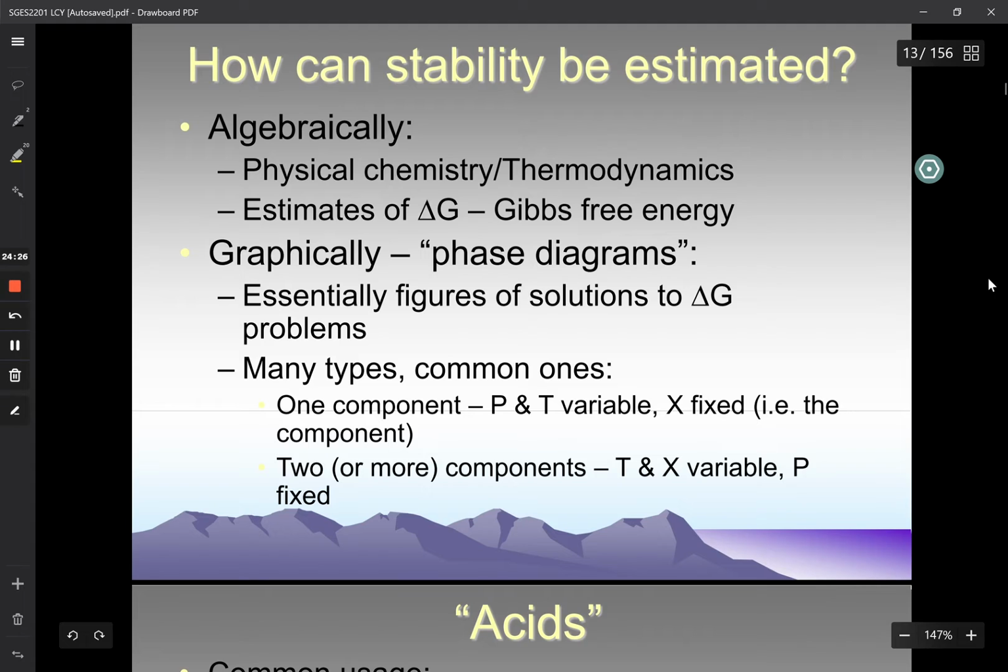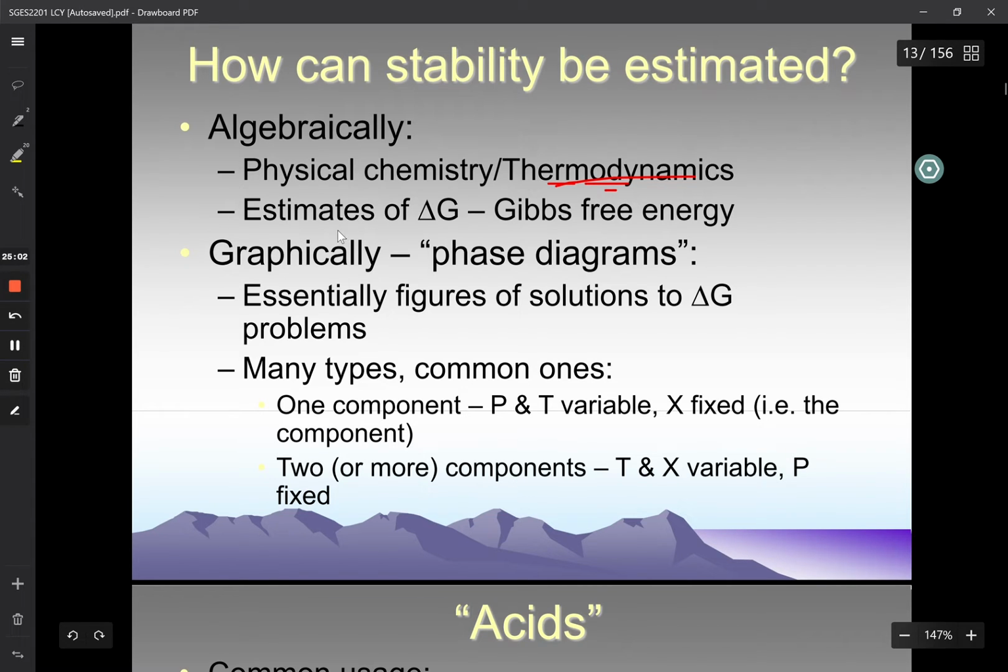So how can stability be estimated? It can be estimated algebraically, which is more on the physical chemistry of it, using thermodynamics to explain and to calculate the stability, which we are going to learn in the next few lectures.